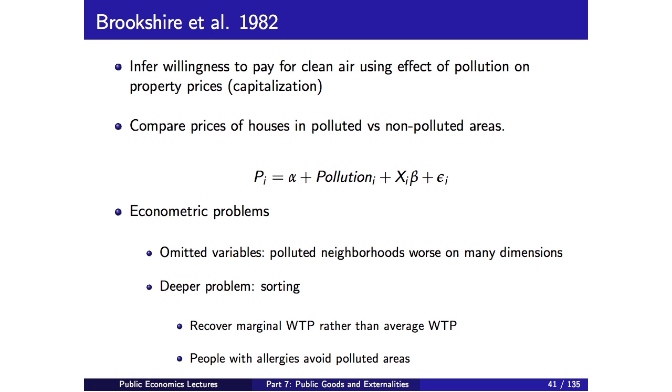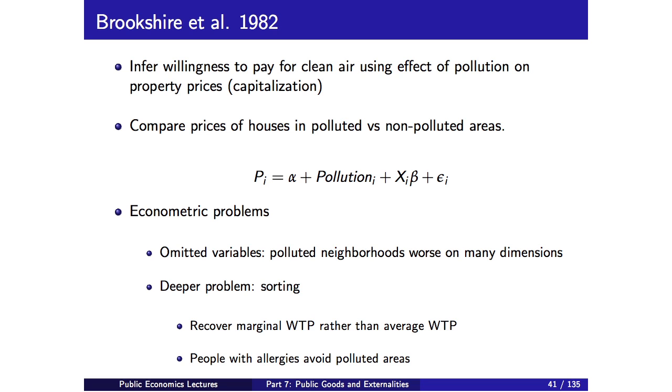So if we're trying to set some policy to reduce emissions and set the optimal corrective tax, the tax we want to impose relates to the average cost that we impose on people in the economy. But here, you can end up with a situation where the prices actually are not any different across the polluted and non-polluted areas, if you have a sufficiently large number of people who are insensitive to pollution and are willing to live in houses where pollution levels are high, right?